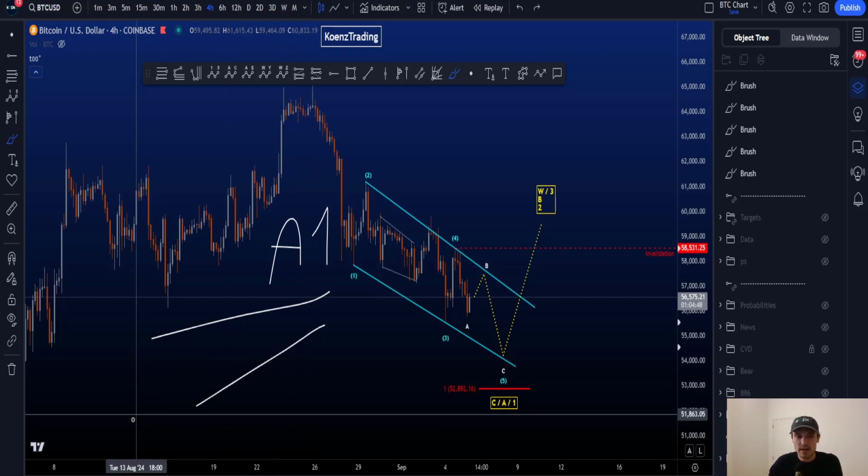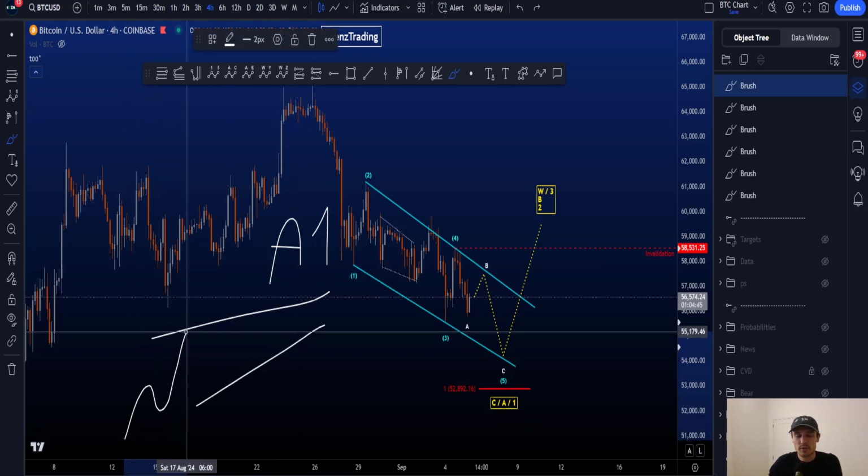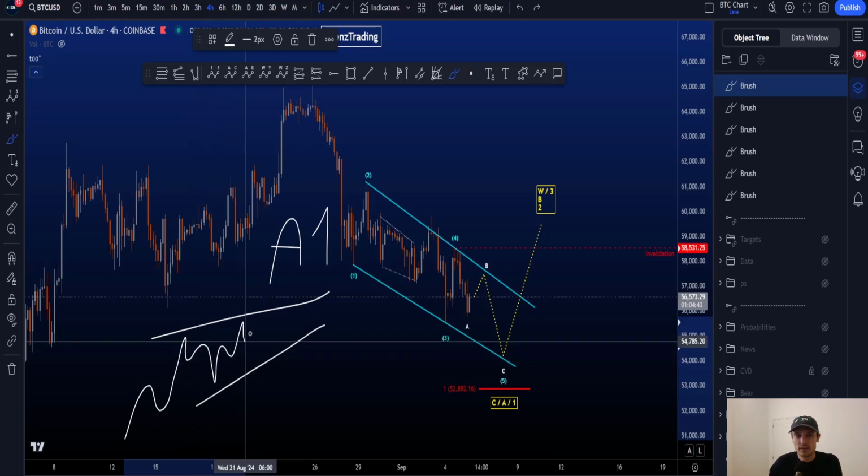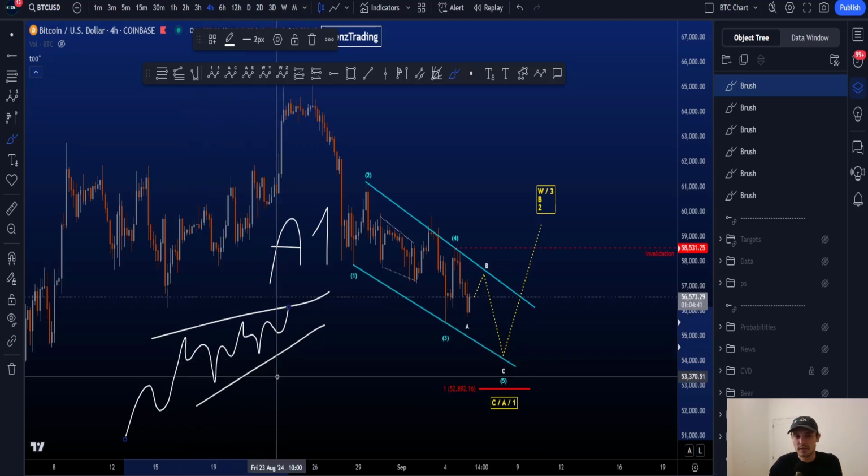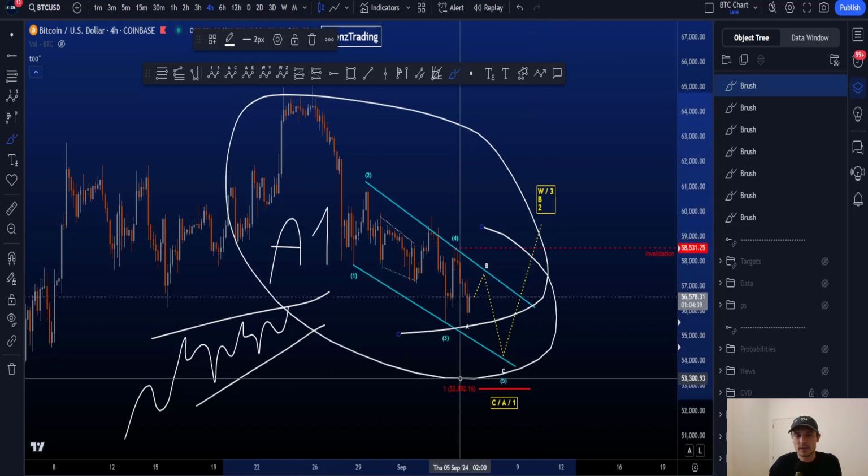However, a leading diagonal can also be a 3-wave structure in 1, in 2, in 3, in 4, and in 5. And that is exactly what we count over here.